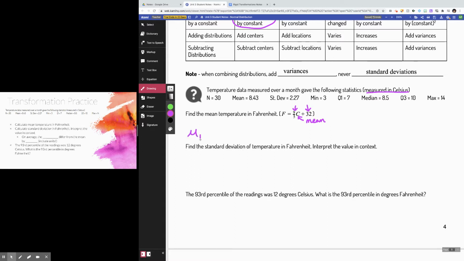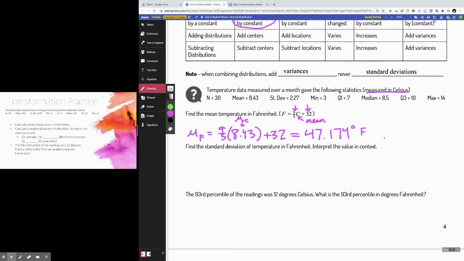So the mean in Fahrenheit is 9/5 times the mean in Celsius, which is 8.43, plus 32. And then you just have to go through and calculate that. And when you do, you get 47.174 degrees.